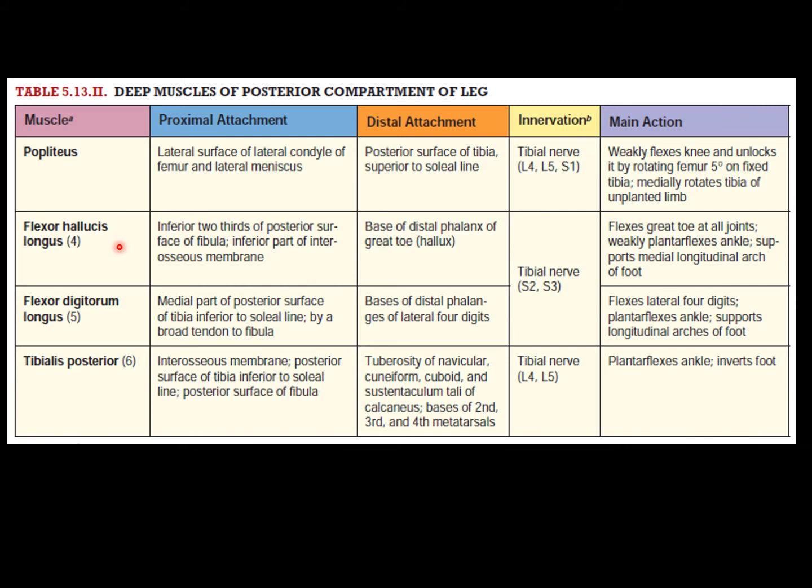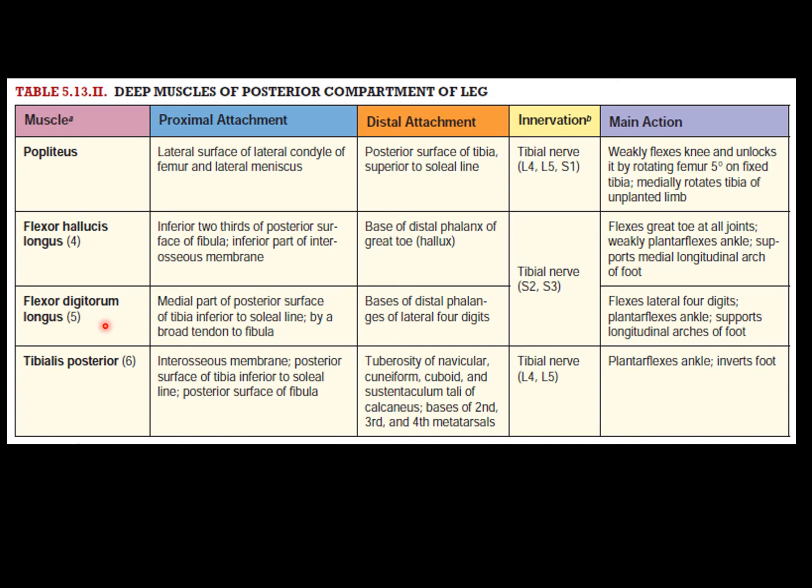So they are the major plantar flexors, and 7% is done by the three muscles which are passing the leg. So the major plantar flexors are gastrocnemius and soleus, almost 93%, and the weaker 7% of plantar flexion is done by these muscles.